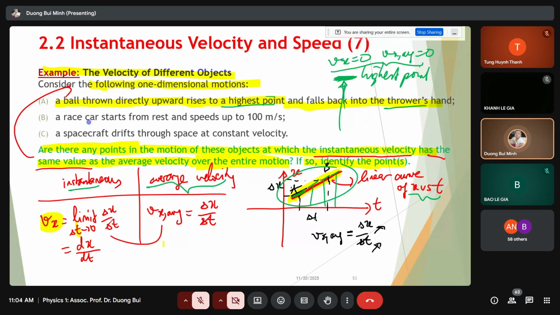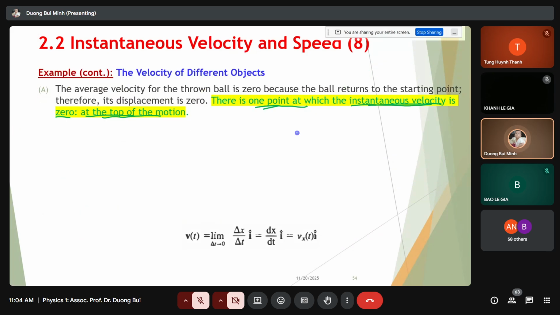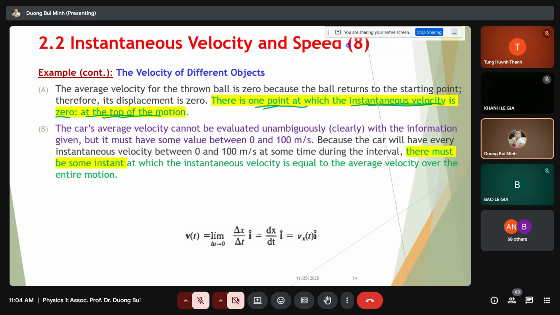A race car starts from rest and speeds up to 100 meters per second. We don't know exactly at what time the velocity will be equal to the average velocity.